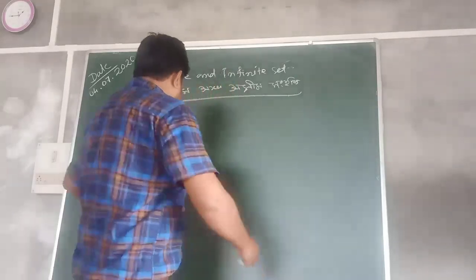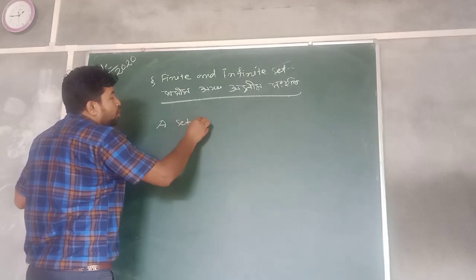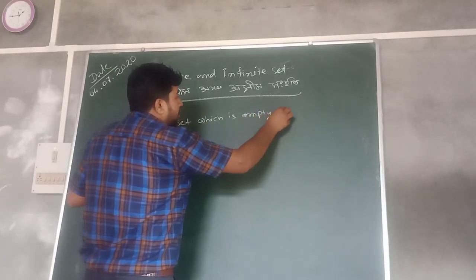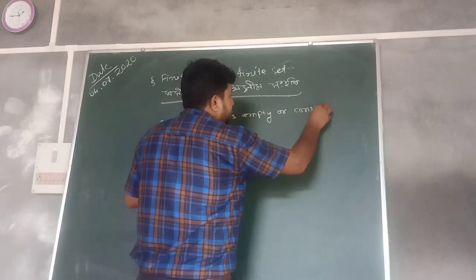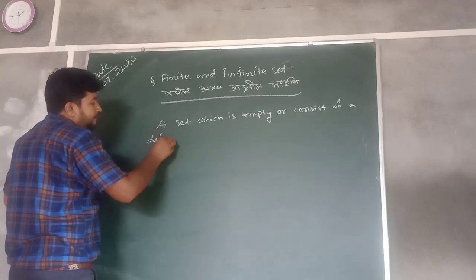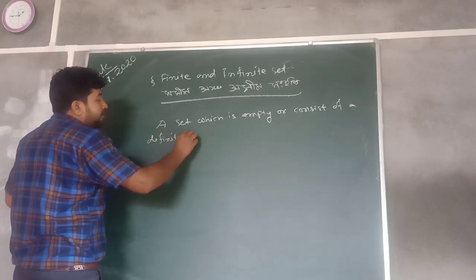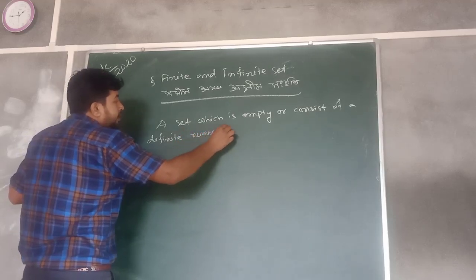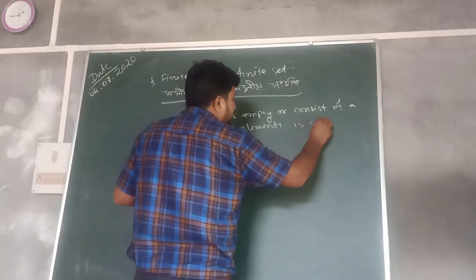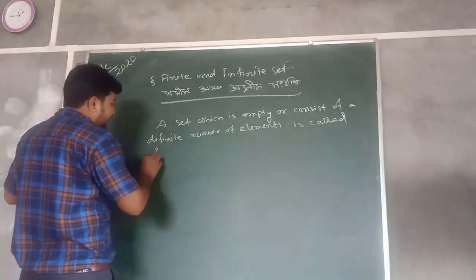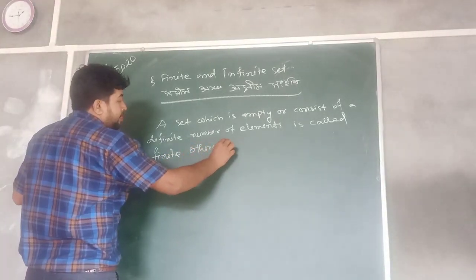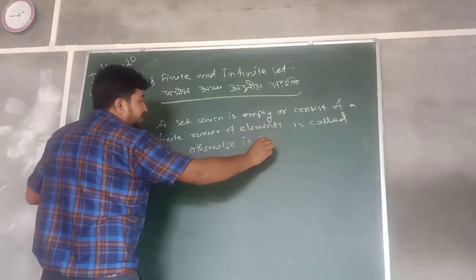Again, a set which is empty or consists of a definite number of elements is called finite. Otherwise it is infinite.